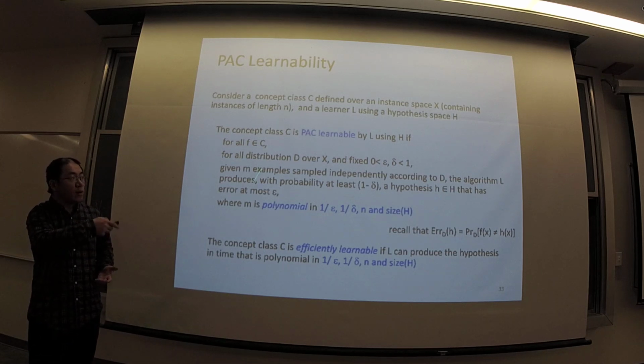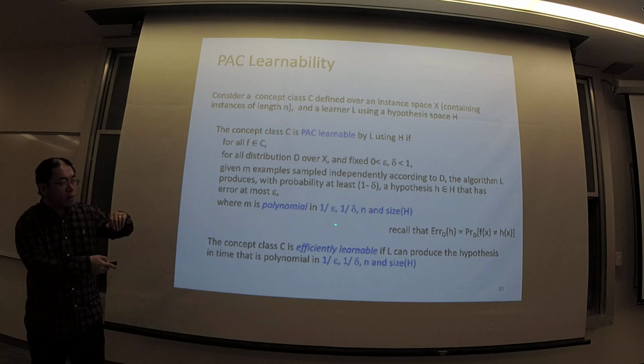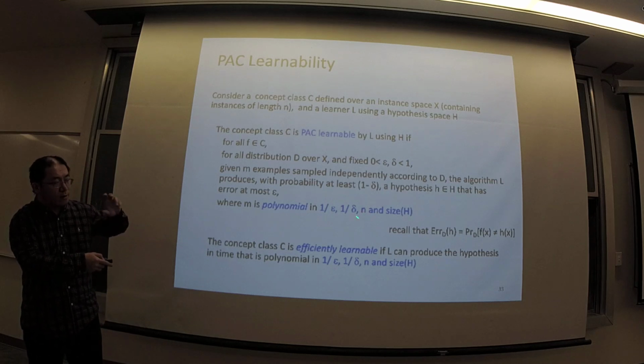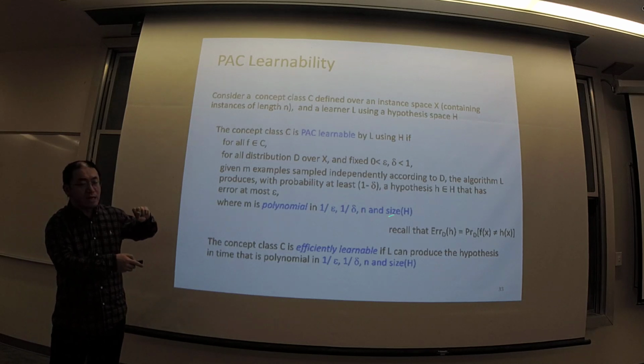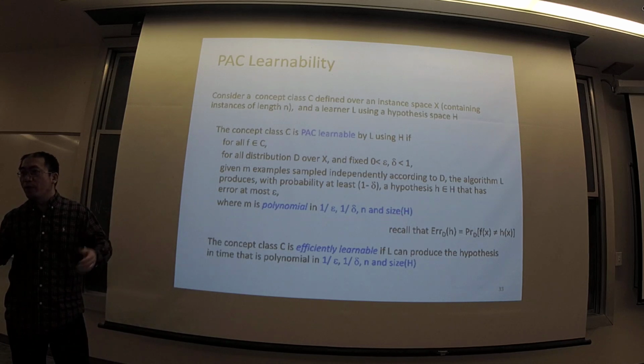These are talking about how many examples, right? You do not necessarily need too many examples. They are only polynomial in 1 over epsilon, 1 over delta, the dimension of the feature vector, and the size of the hypothesis space. We can achieve an arbitrary level of generalization performance at an arbitrary confidence level.